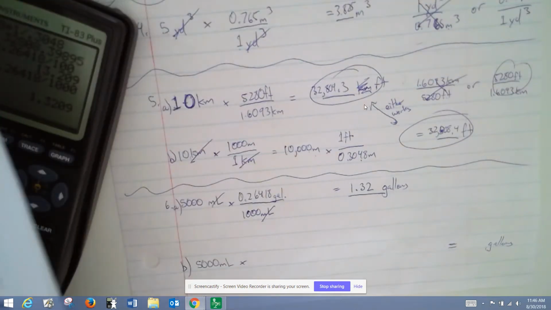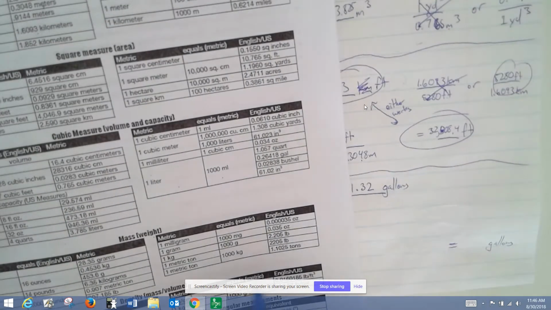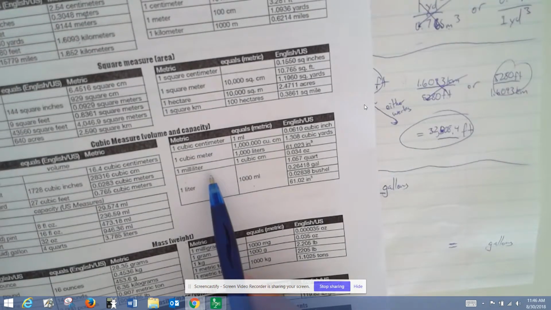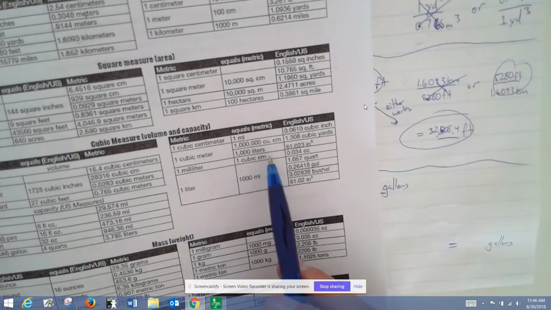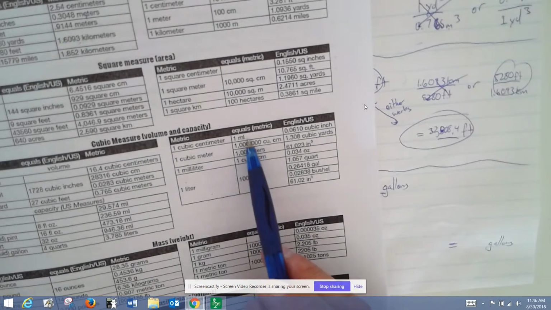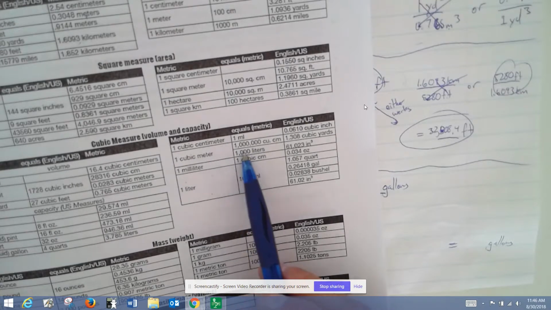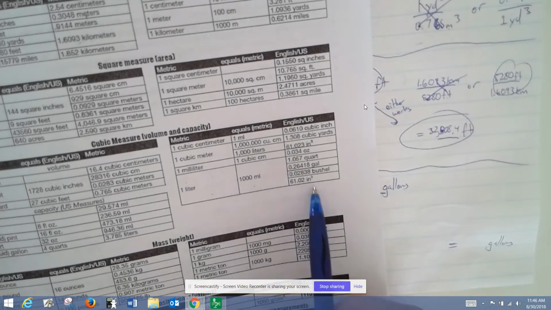So milliliters to, we're in volume here. Let's see. Okay. So let's go back to milliliters here. I know this is very hard to read.